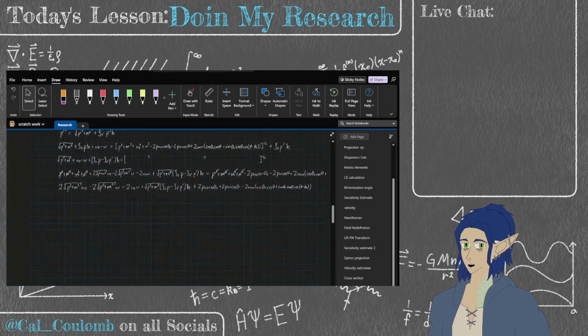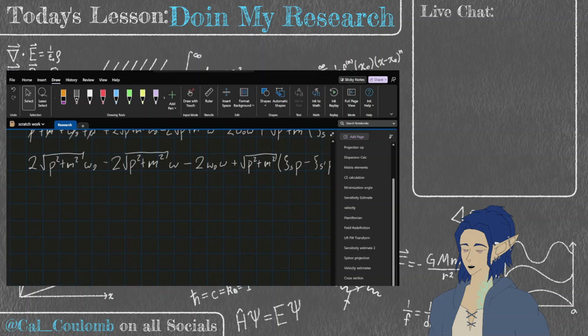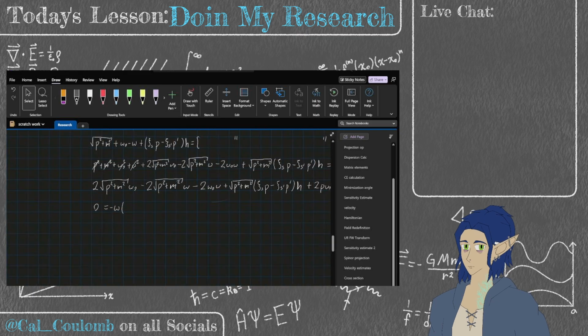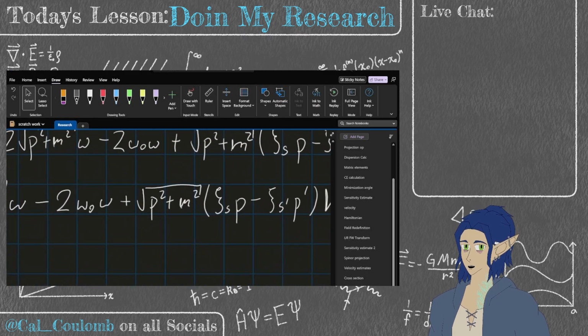And now what we need to do is group together our like terms. So I think I want to first group up, this equals 0. And so now maybe I'll put that on the side. 0 is equal to, and I'll have everything that depends on omega here. So I'll probably make this minus omega. So minus omega times, and you can see that everything here should have a factor of 2, actually.